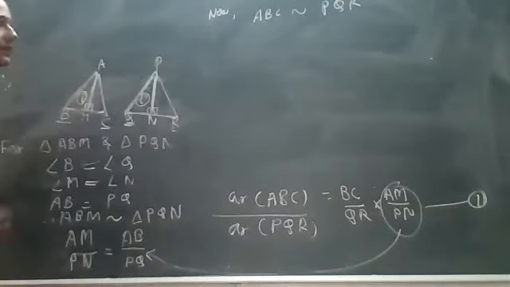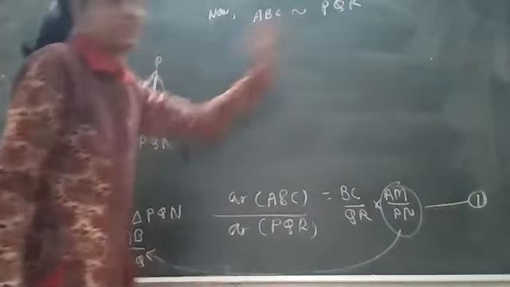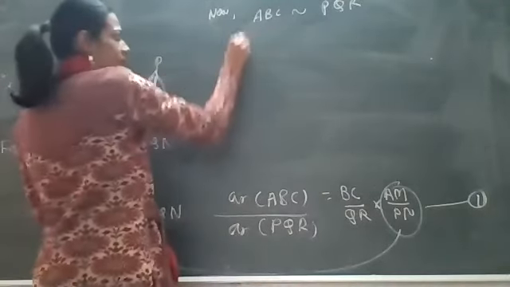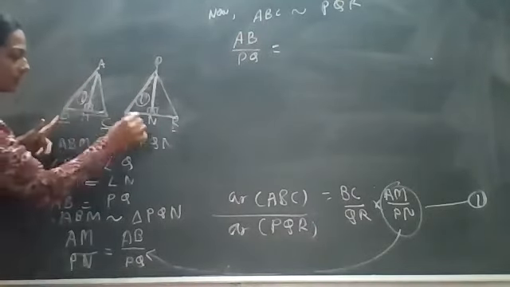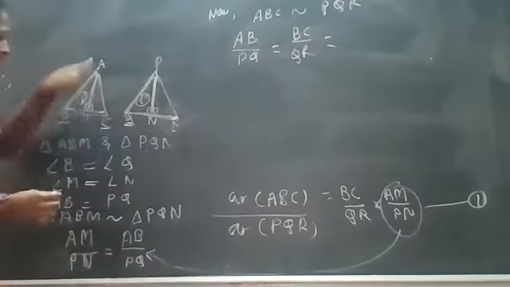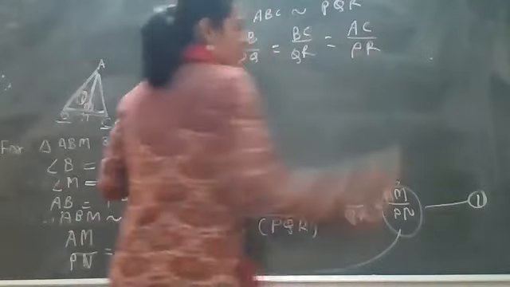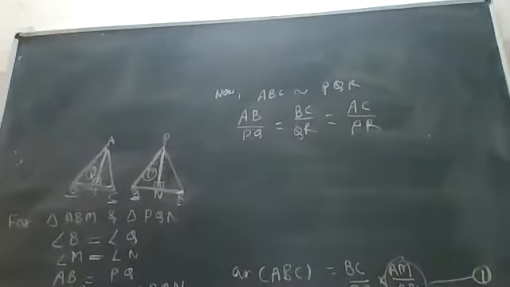Here is PQR. Right? Now here what can we write? If this whole triangle is equivalent to each other, so what can we write? AB upon PQ is equal to BC upon QR and AC upon PR. Yes or no? These are equivalent in the sides. They are in proportion, right?